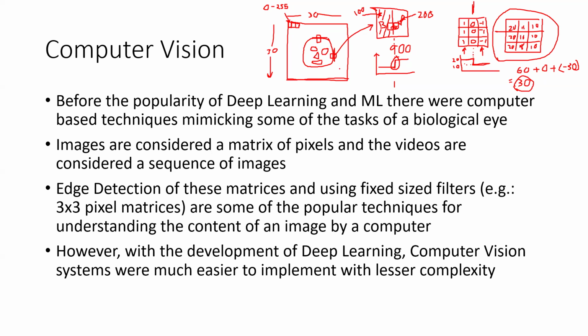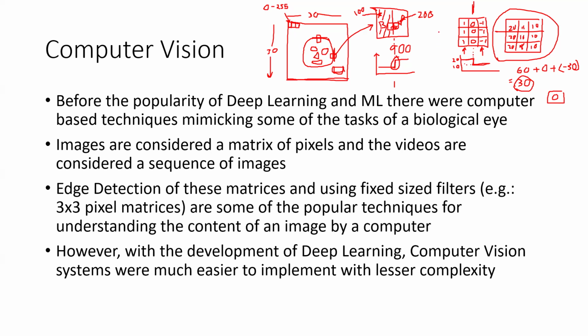When you apply this filter in a region where there are no edges, if all the values are the same, like if all the values are 10, for example, then plus 10 minus 10 will cancel out, and those values would be 0. So the whole value would be 0, right? When you apply a filter like this in an area where there are no edges, the value would be 0, right? There would be positive values when you find a vertical edge. When you find a horizontal edge, the same thing would happen, right?